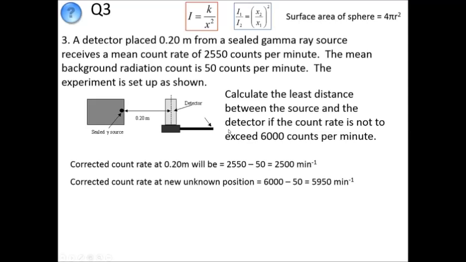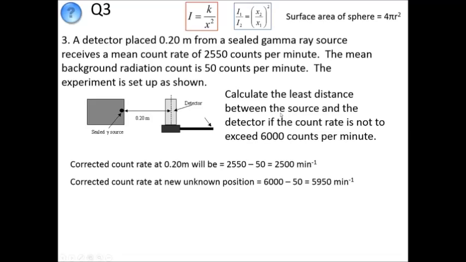Question 3. A detector placed 0.2 metres from a sealed gamma ray source receives a mean count rate of 2,550 counts per minute. The mean background radiation count is 50 counts per minute. The experiment is set up as shown, similar to what we've done, with a detector and a source measuring from particular distances.